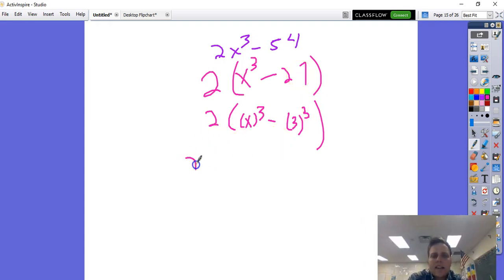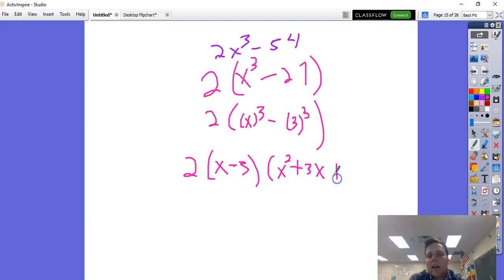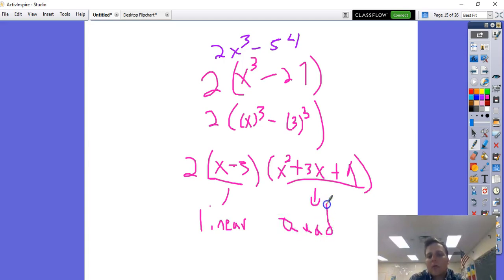So now I can say 2 times, the difference of cubes formula is a minus b, so x minus 3, and then a squared, so x squared, plus a times b, so x times 3, which is just 3x, plus b squared, which is 3 squared, just 9. And then it just says state the linear and quadratic factors. This one would be the linear, because it's the power of 1, and this one would be the quadratic, because it has the power of 2. I'm not going to write the whole thing, I'm just going to write quad.